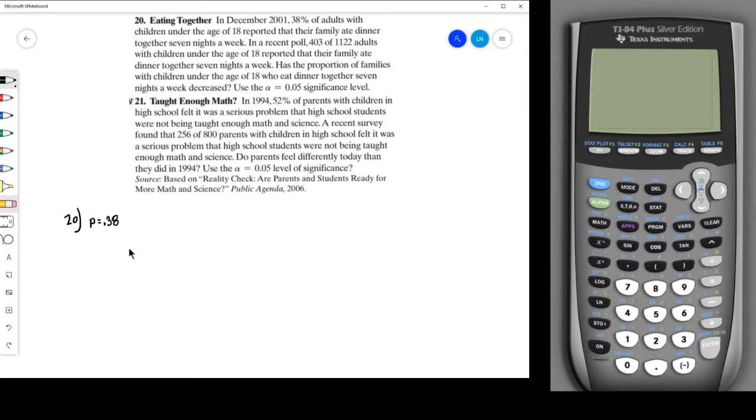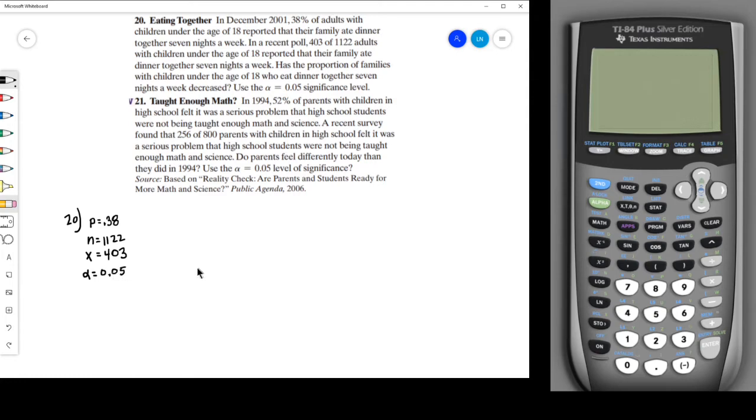In a recent poll of 403 out of 1122, my sample size n is 1122, and my x is 403. And the only other piece we need out of that is the alpha, so my alpha is 0.05.